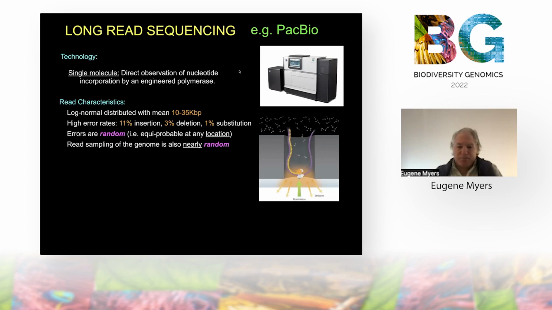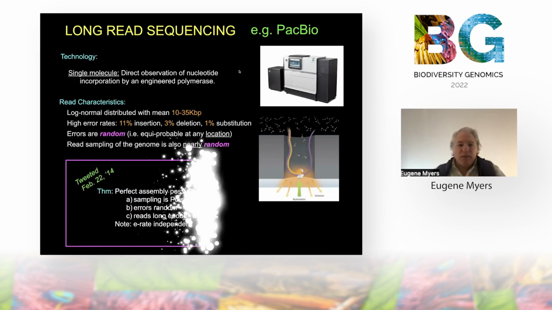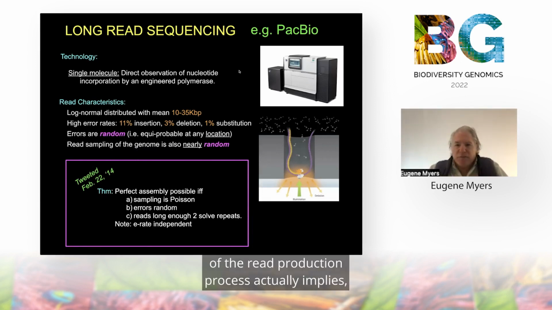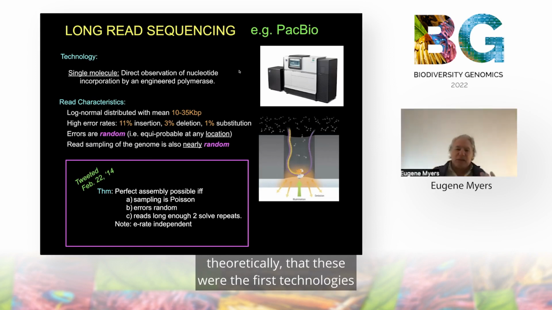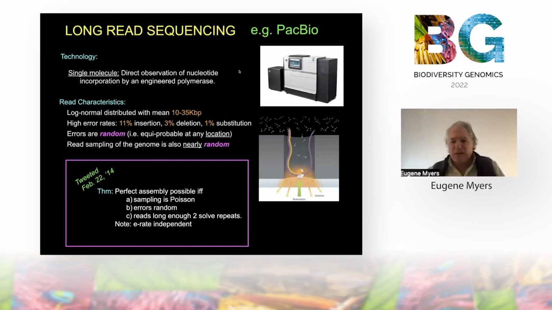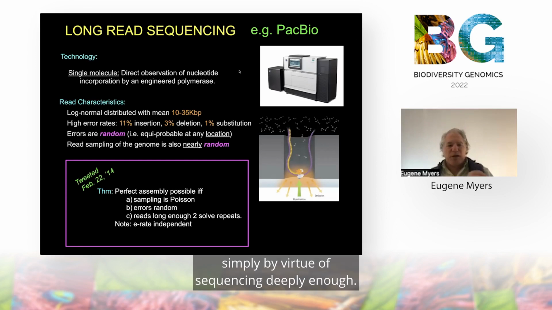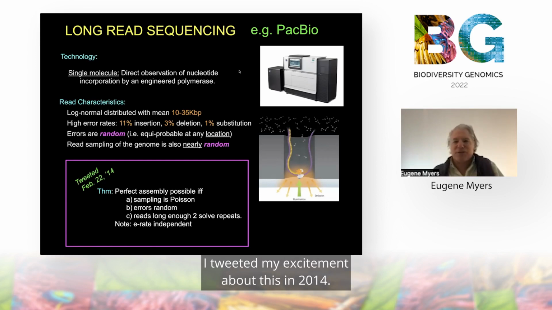These attributes of being random for these two facets of the read production process actually implies theoretically that these were the first technologies that could deliver unlimited quality simply by virtue of sequencing deeply enough. I tweeted my excitement about this in 2014.